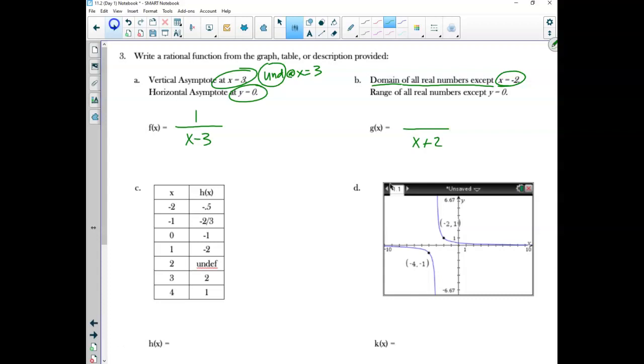And if the range is all real numbers except y equals 0, well, hey, that just means my graph is going to look kind of like this in a way, or maybe it looks like this over here, okay? Oh, it's not going to look like that, because I'm going to have an asymptote there. Let me draw that up there quick.